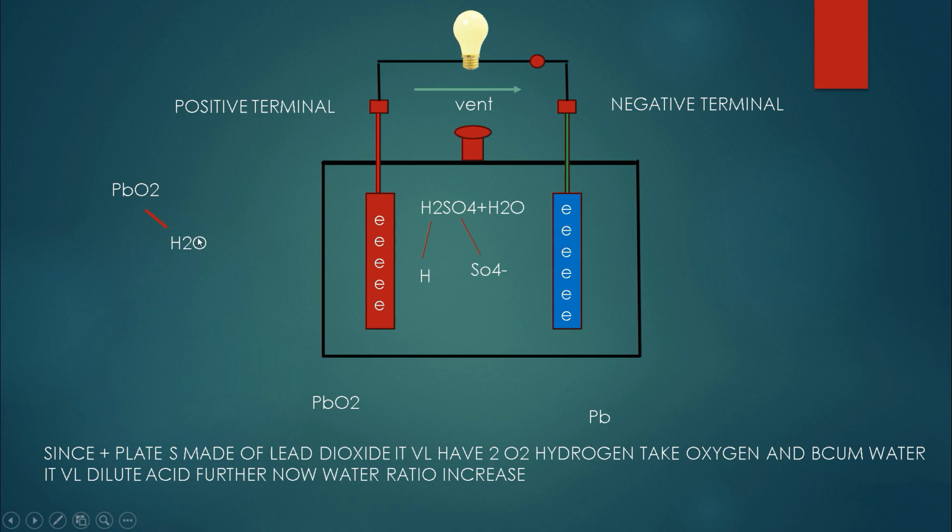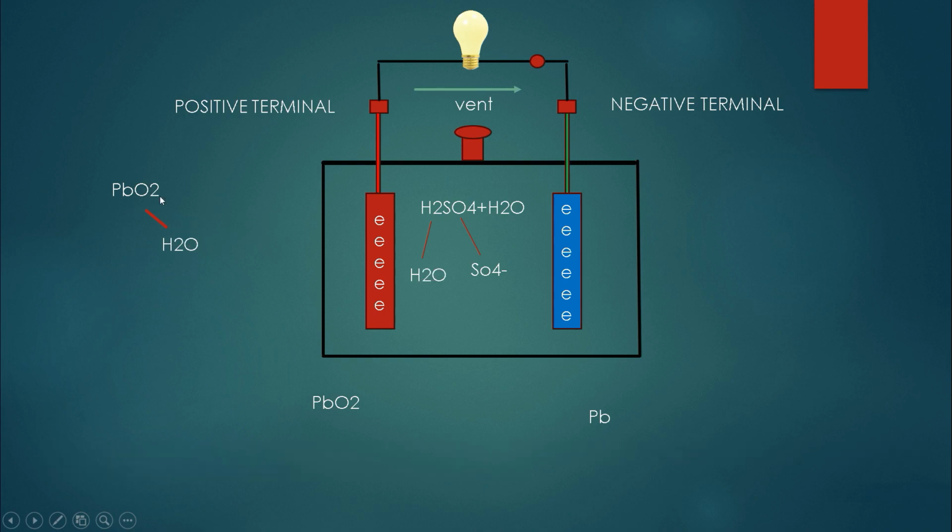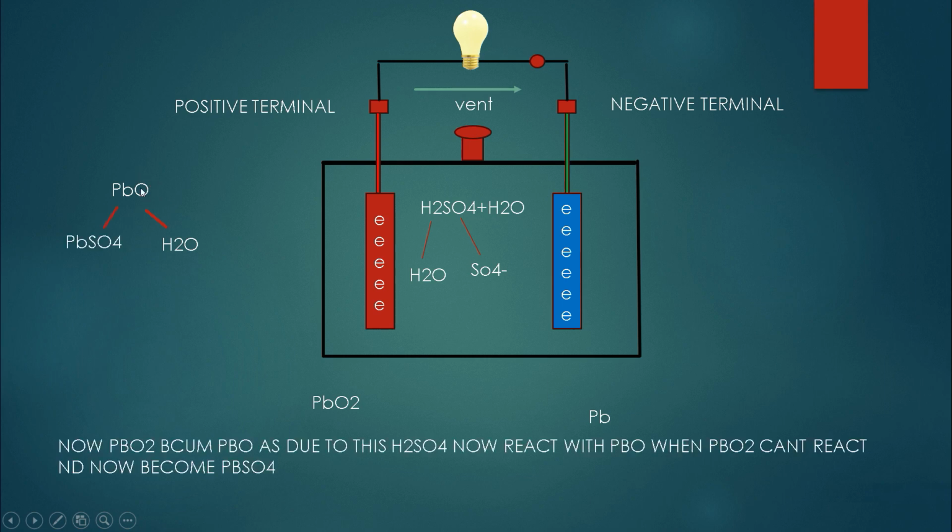Once this reaction takes place, it turns to lead peroxide, and now the sulfuric acid is able to react with it. Before, it was lead dioxide, so the sulfuric acid couldn't react, and now it can.